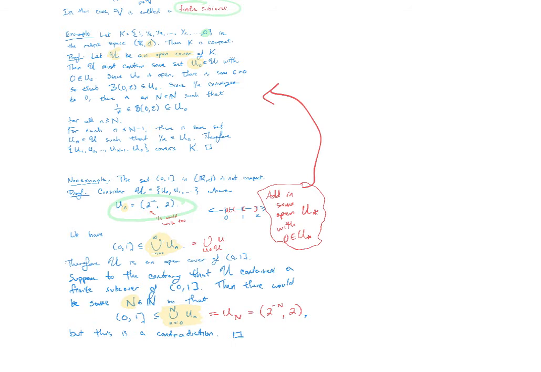In fact, in this case, our open cover would have a finite, quote unquote, 2 cover. We could cover with 2 sets from the open cover. We would need the one containing 0, and then U sub capital N for capital N large enough that it overlaps with the one that contains 0, and then we'd be good.